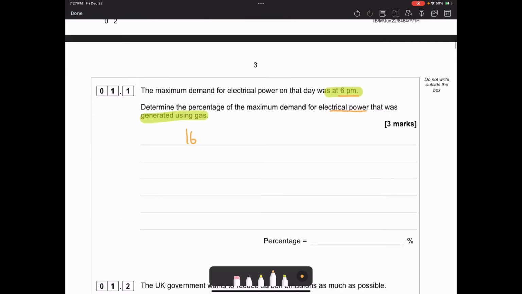So you know it's 16,500, which is your gas, over your total demand, which was 30,000. So 16,500 over 30,000, this is the percentage, times it by 100, and that would give me a total of 55%.